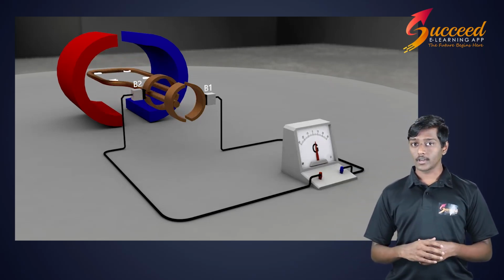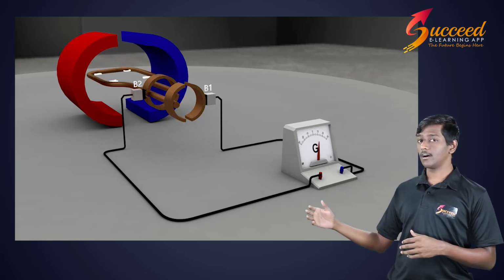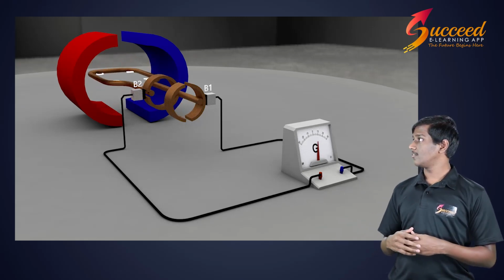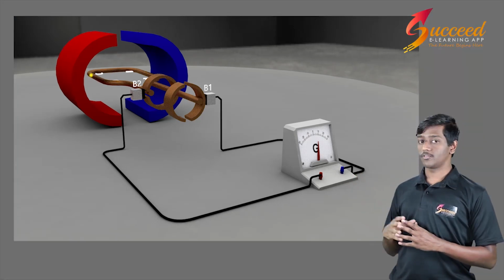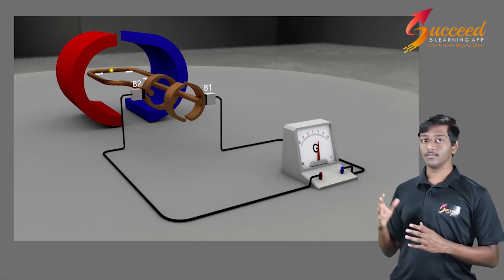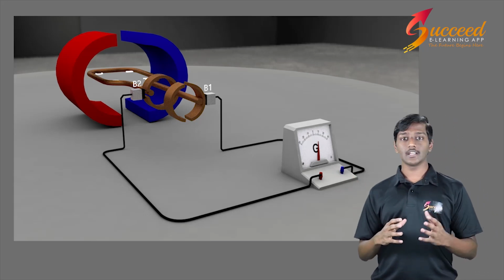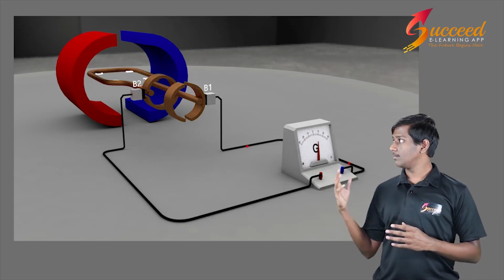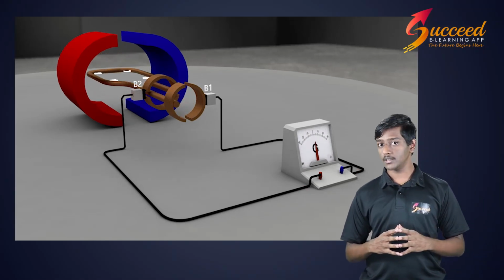Now after half rotation, CD is moving up and AB is moving down. Now, by using Fleming's right hand rule, the direction of the current is from D to C and B to A. And in the external circuit, it flows from B2 to B1. And there is a deflection in the galvanometer.